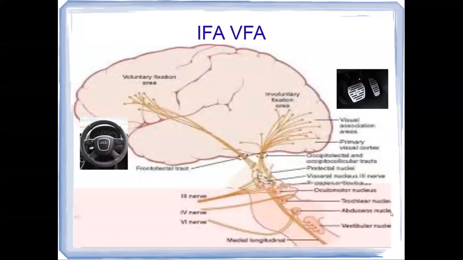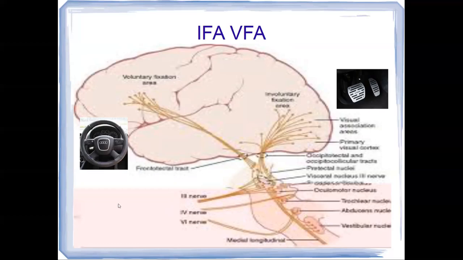Another really important area that isn't specifically a face area but is involved in this and my theory is the voluntary fixation area and the involuntary fixation area. These are involved in being able to orient your eyes towards something, a person, an object, and then once you've oriented your eyes towards that object, being able to lock on and focus your gaze on that.